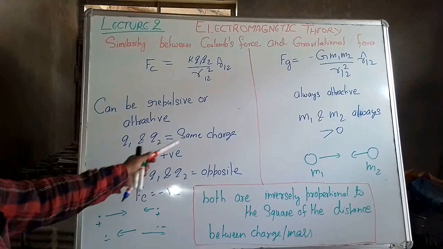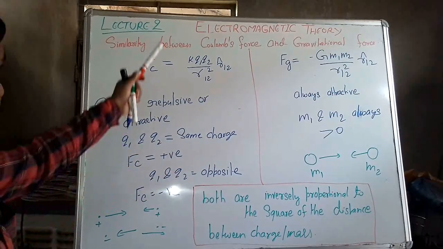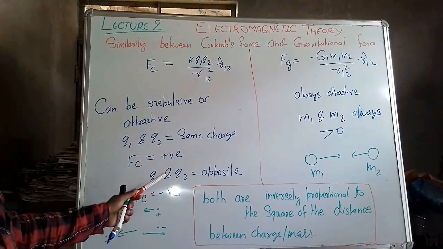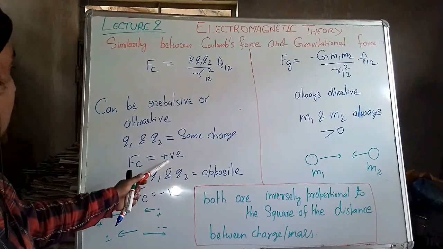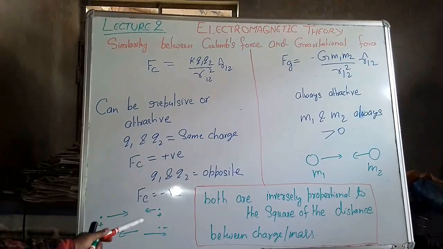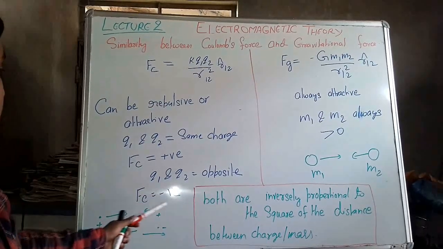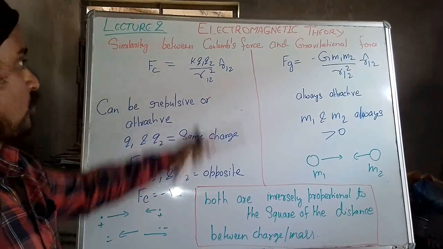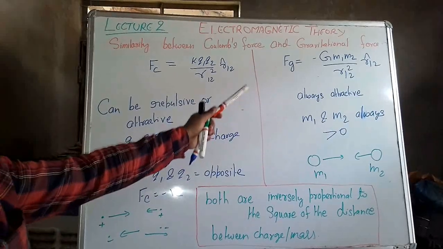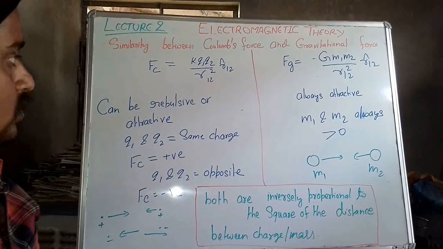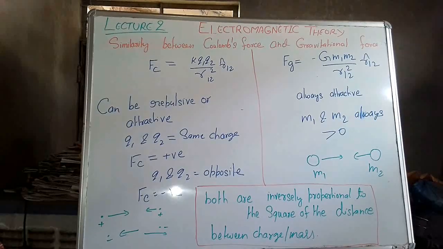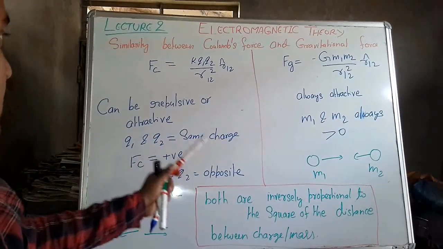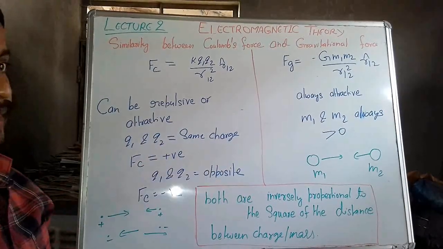If Q1 and Q2 are the same charge, then Coulomb force is positive, or repulsive, and if Q1 and Q2 are opposite charges, then it is attractive. So the sign of the Coulomb force depends on the nature of the charge, and gravitational force is always attractive, and in nature there is no such thing as negative mass. So these are some key similarities as well as some key differences between Coulomb force and gravitational force.